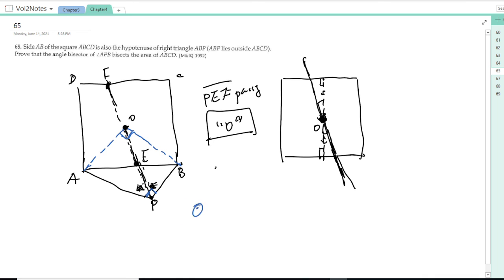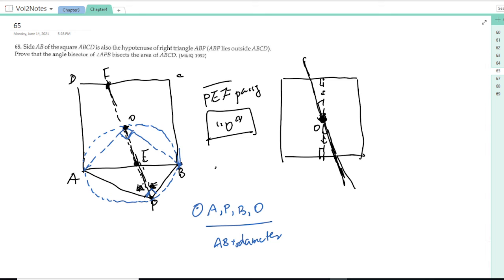So this tells us A, P, B, O are concyclic, and AB is the diameter. So we have a circle, with tangents at B and A. That's making this happen, right?